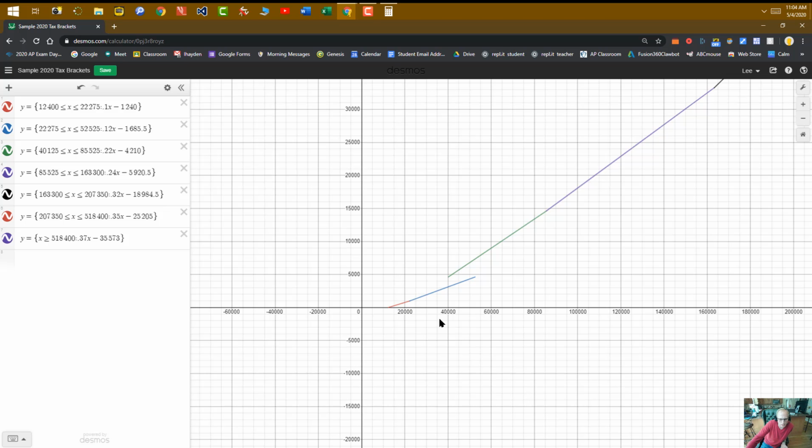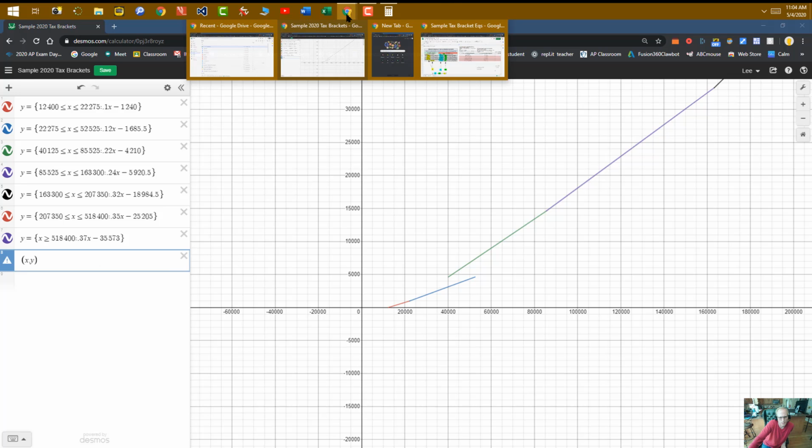And then when you're done, you'll have taxes owed versus taxable income. All right, so hopefully that made sense, and that is your assignment for Tuesday or Wednesday, I should say.